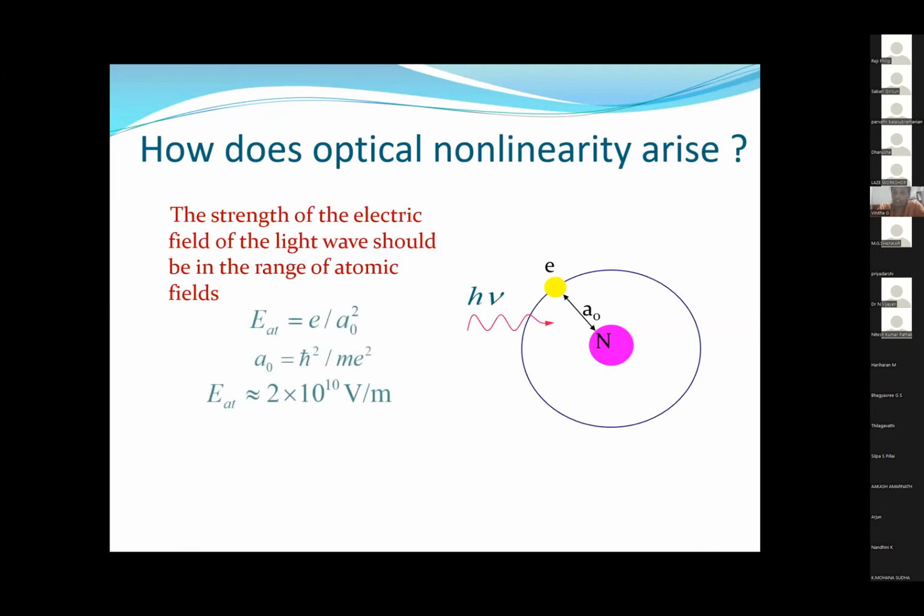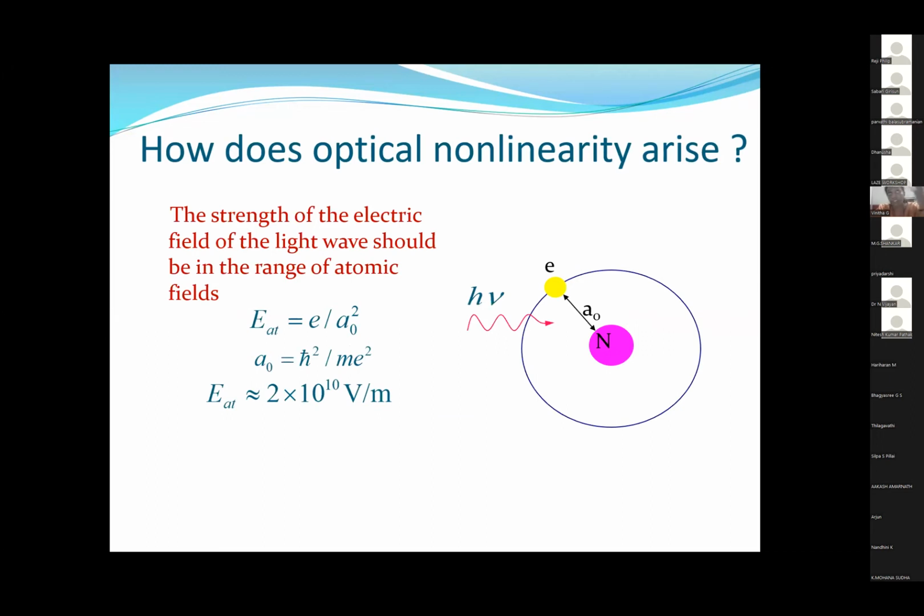All of us know that the atomic structure consists of a nucleus which is positively charged, having the protons and neutrons inside, and the electrons going around. All of us know this, right? Since there's the electron and the positive nucleus, we have an electric field. And this electric field, because of this atomic arrangement, is around 10 to the power 10 volts per meter.